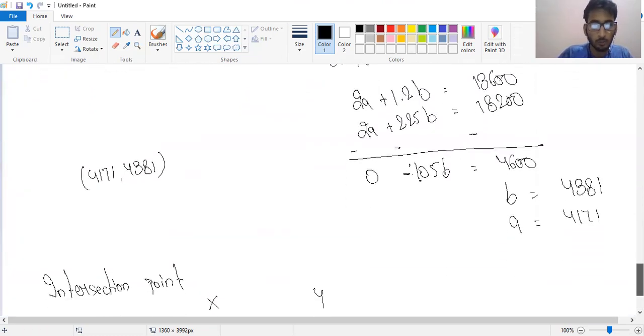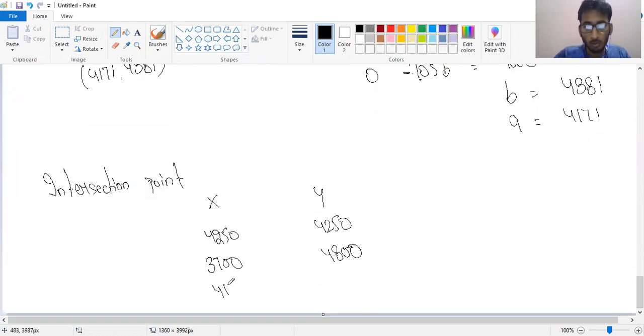And the third point is 4171 and 4381. So these 3 points are where the intersection of different lines is happening. Okay, now by using these 3 points, how will we solve the question?